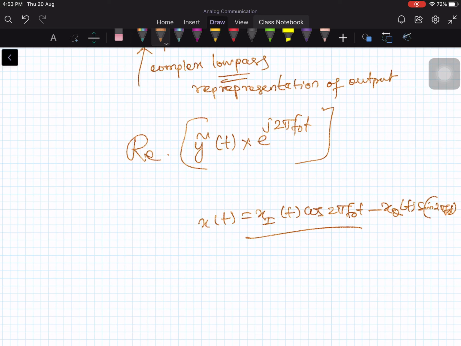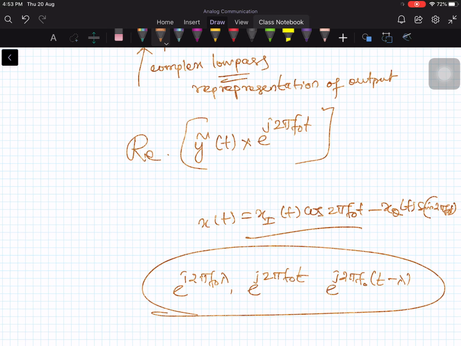So I keep on carrying that work, and at the end you can multiply by e to the j 2 pi f naught t and take the real part. Otherwise, there would be e to the j 2 pi f naught lambda, then e to the j 2 pi f naught t, then e to the j 2 pi f naught t minus lambda. There are many terms involved in the integration.